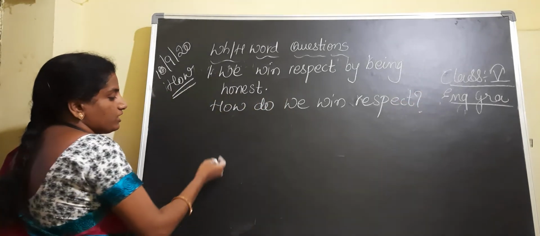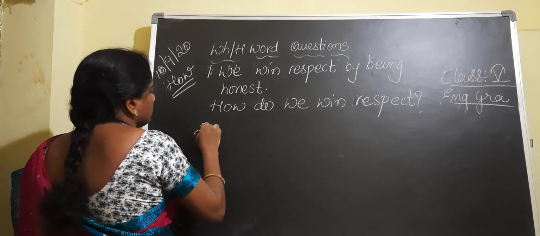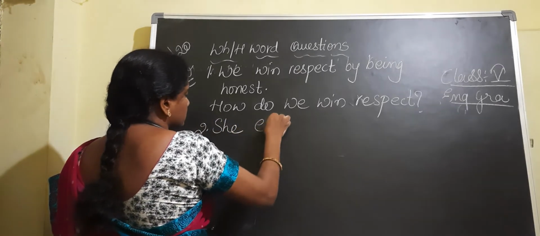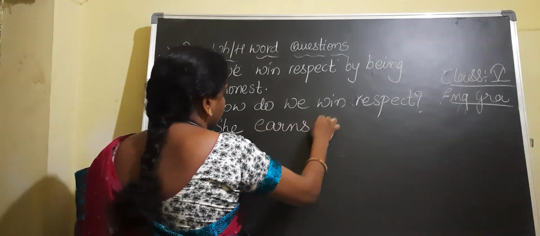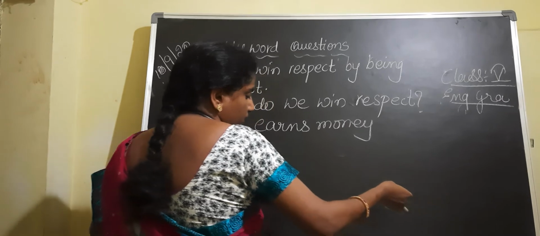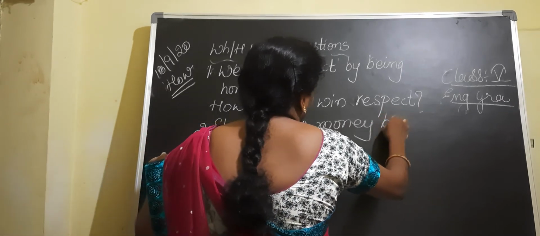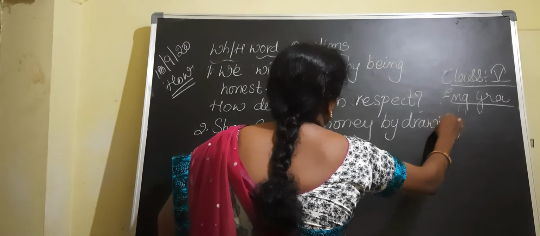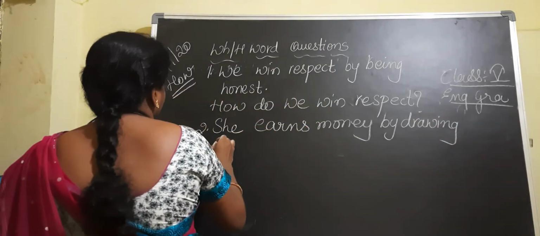Next, children, she earns money. A few examples I am discussing. She earns money by drawing pictures. By drawing pictures.